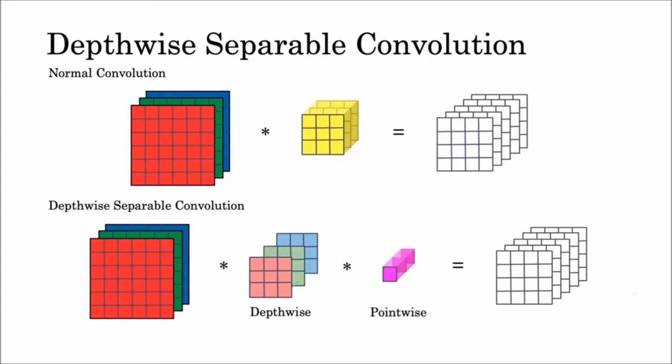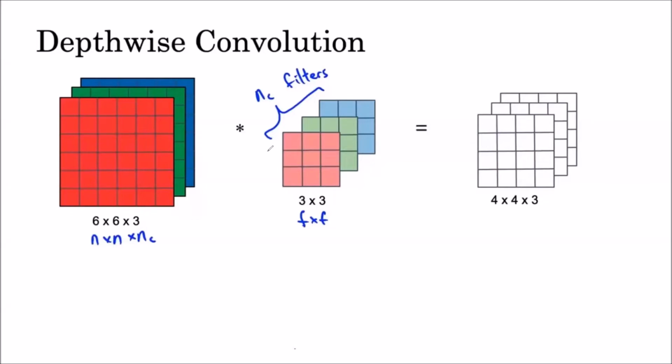In the depthwise separable convolution, we take 2 operations: one is depthwise and the other is pointwise. What are depthwise and pointwise? We will discuss. In the depthwise convolution, for example, if the input is 6 by 6 by 3, meaning the number of channels is 3, then we consider the number of filters equal to 3. If the input has 5 channels, then we consider 5 filters.